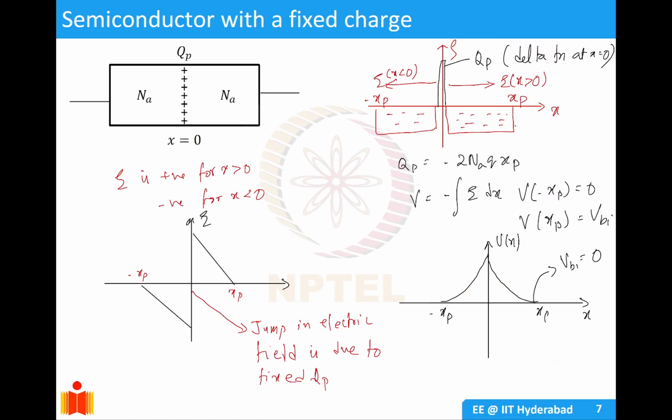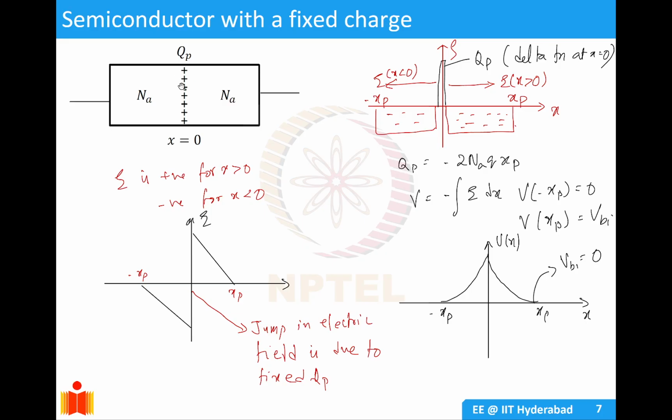Next we have a semiconductor with a fixed charge. You have a constantly doped semiconductor, and in the middle you have a sheet of fixed charges. So the charges will look like this.